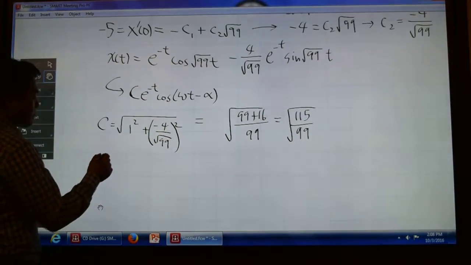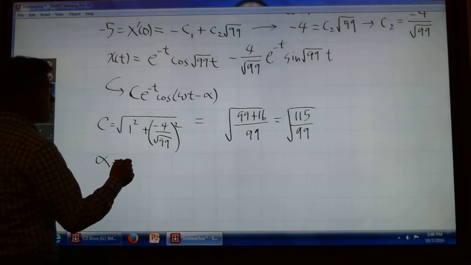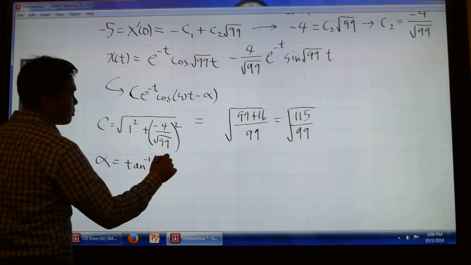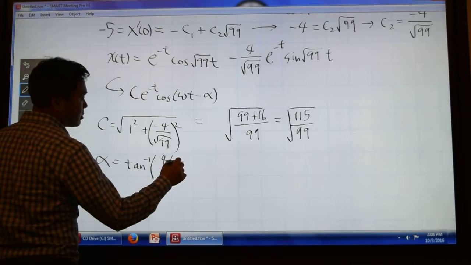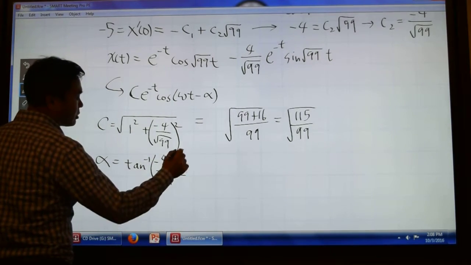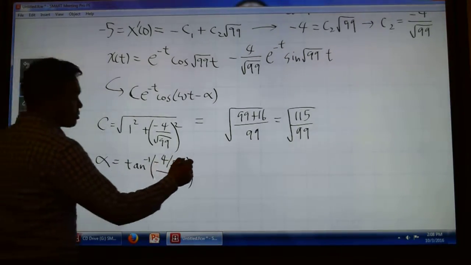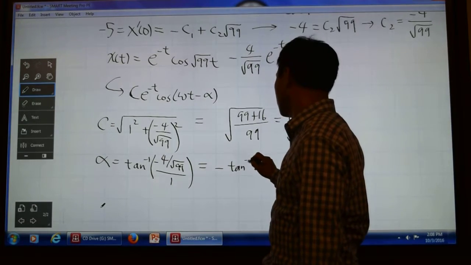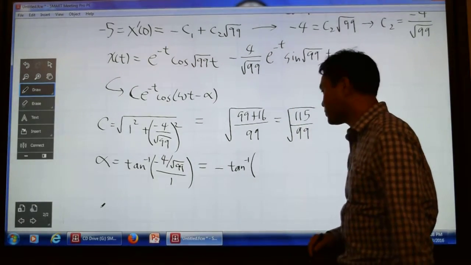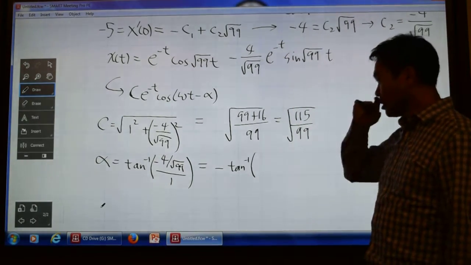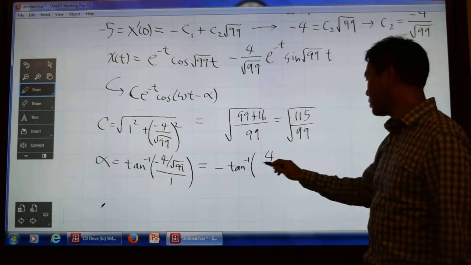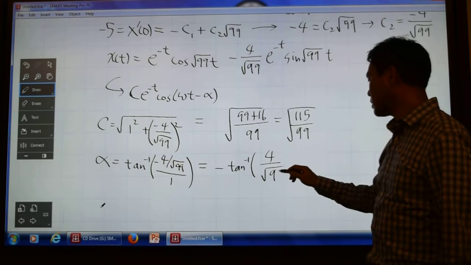Now for the alpha, we have to do tan inverse of negative 4 over square root of 99 divided by 1. And again, we can just pull the minus in front, and tan inverse of 4 over square root of 99.